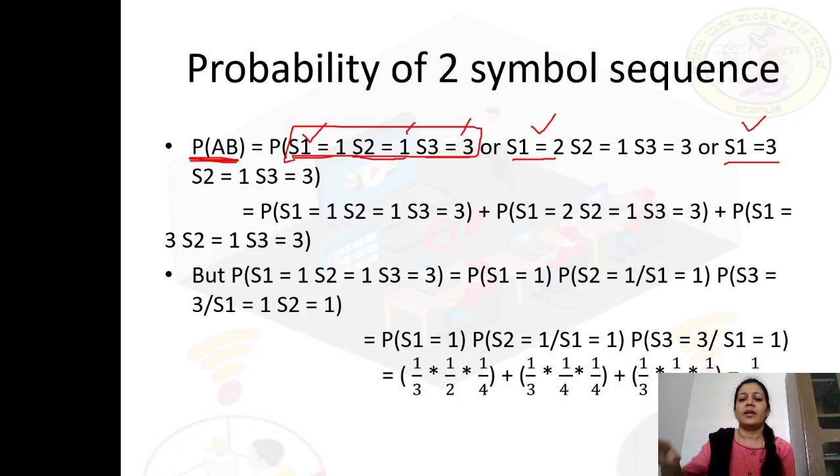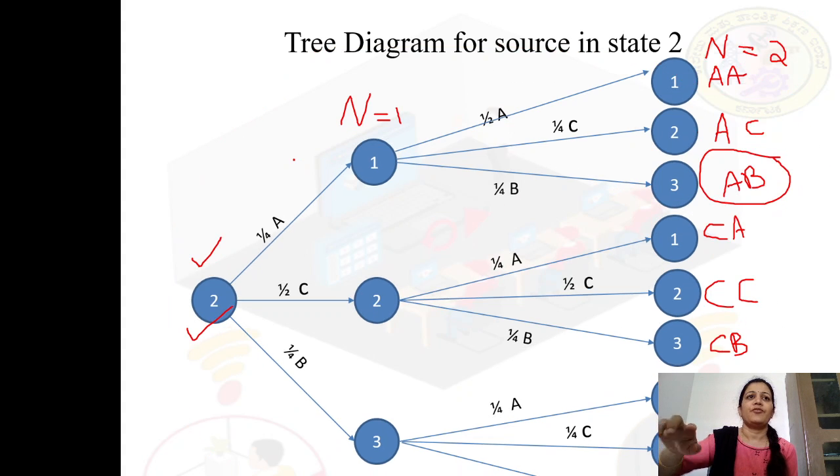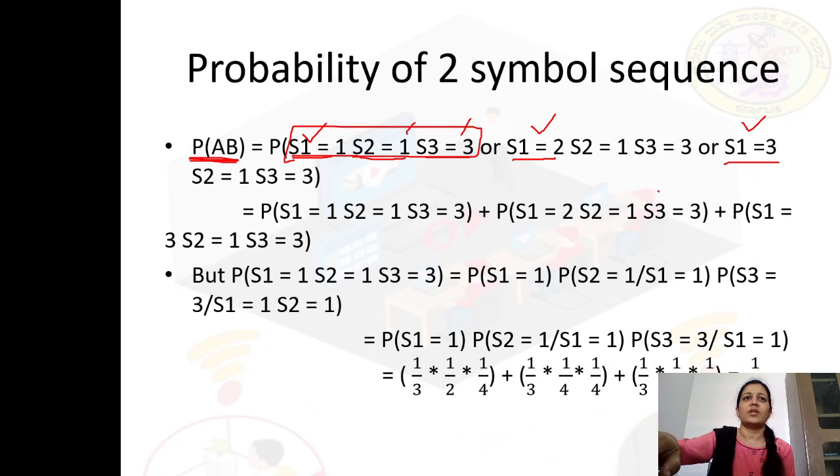Fine. Next possibility. If you consider the initial state as 2, S1 is 2, S2 is 1, and S3 is 3. That is, states 2, 1 and 3 will give us the sequence AB. So remember 2, 1, 3. As you can see, 2, 1, 3.